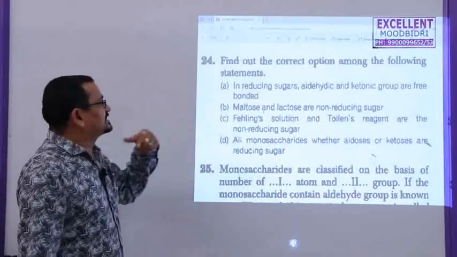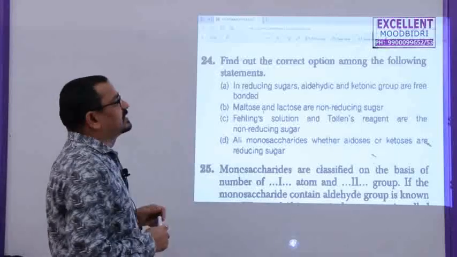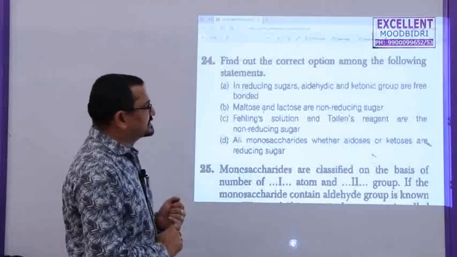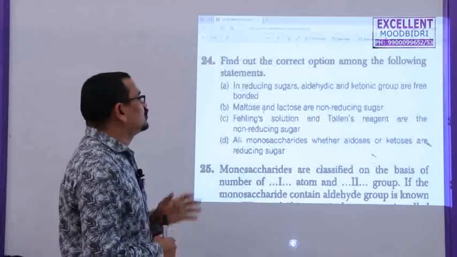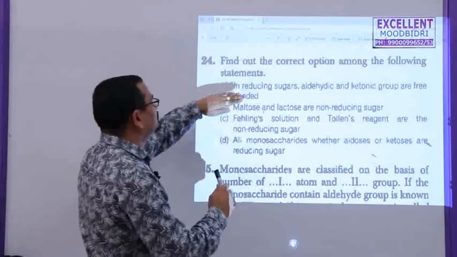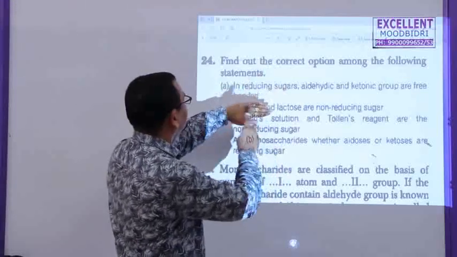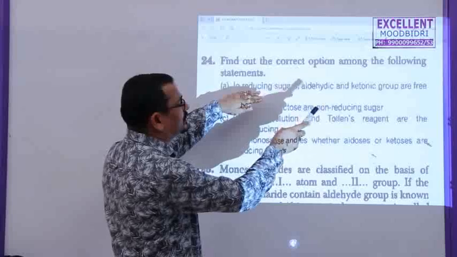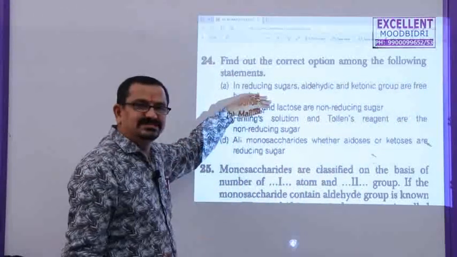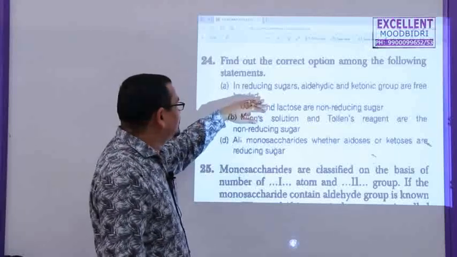When it comes to the next question, find out the correct option among the following statements. In reducing sugars, aldehydic and ketonic groups are free bonded. See, usually students concentrate till there only. If it is given up to free, then that line will be 100% correct. But what's continued here?